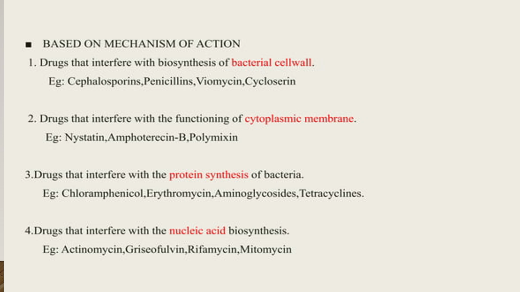Those are chloramphenicol, erythromycin, aminoglycoside type antibiotics and tetracycline. We have already discussed that the majority of these classes act as broad spectrum antibiotics because they interfere with the protein synthesis of the bacteria.